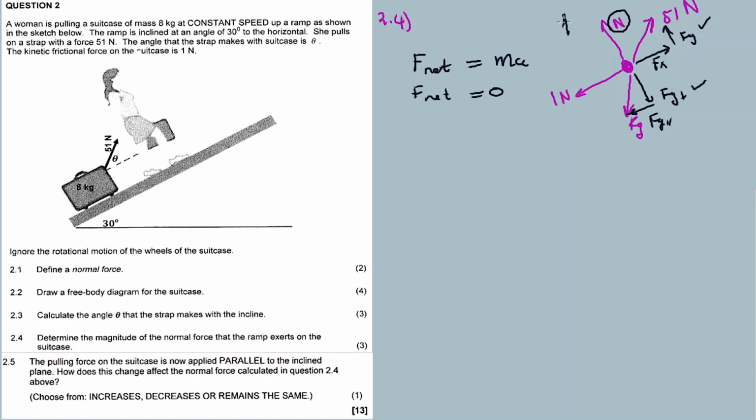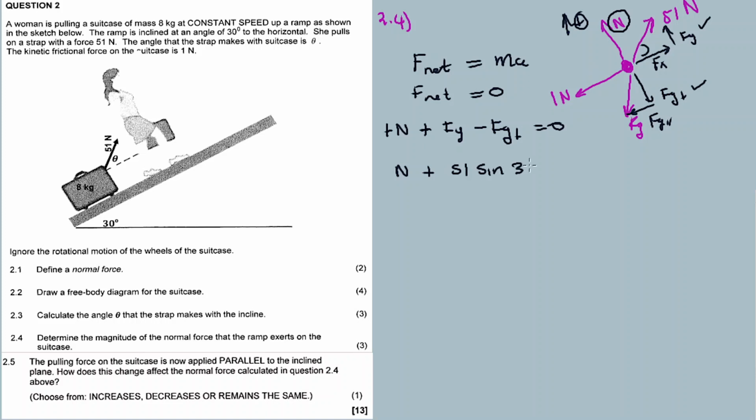So let's choose up as positive once again. Up is positive, so it's plus N, and everything going down is considered negative. Plus Fy, the vertical component of 51 newtons, minus FG perpendicular, everything equal to 0. Normal force unknown plus Fy, the vertical component of 51, which is 51 sine theta.